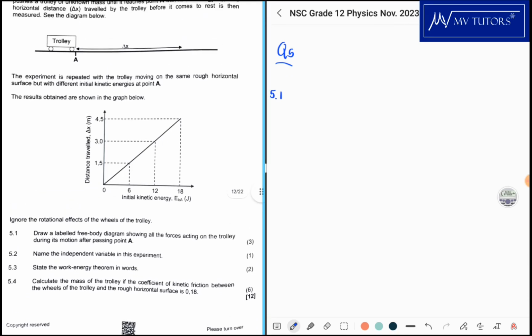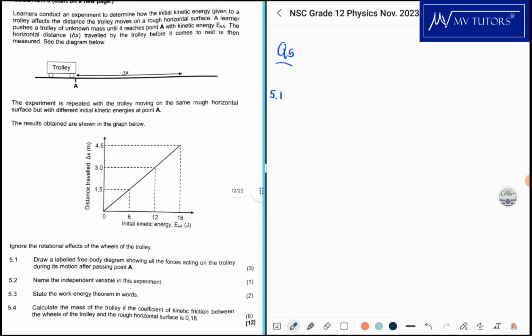So after passing point A, there is no force that is applied on the trolley, okay? Because the learner would be pushing it, but in this case, from point A onwards, there is no external force, pushing, pulling, or whatever. So our free body diagram will have the gravitational force or the weight of the trolley itself.